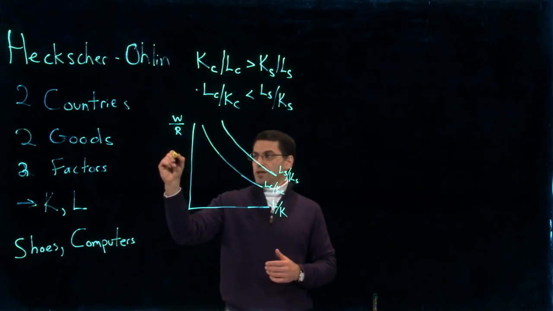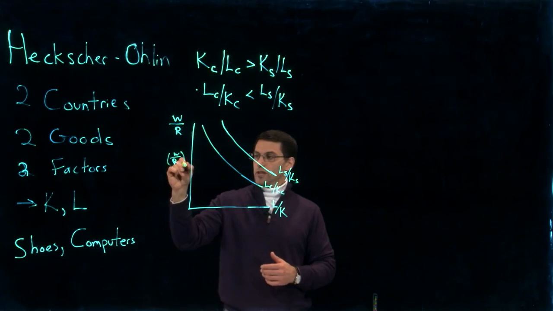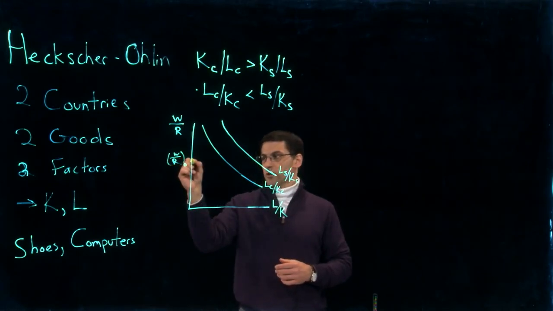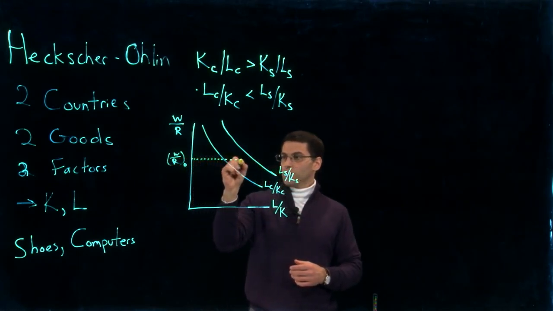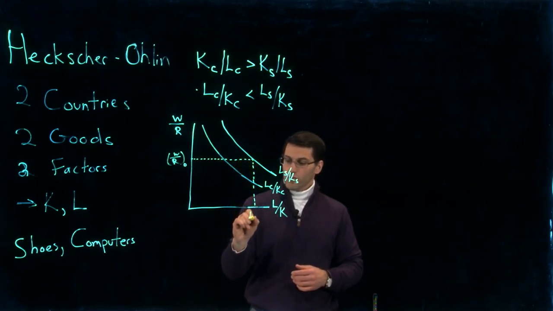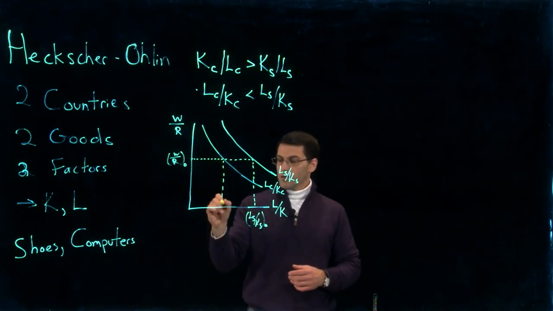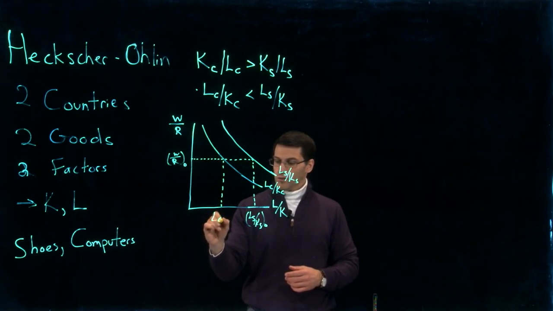And you can see that if you take any wage to rental rate, say W over R0, it's very clear that the ratio of labor to capital employed in the shoe sector is higher than it is in the computer sector.